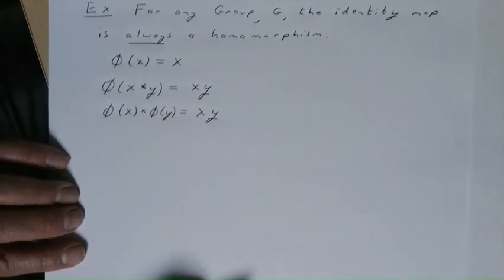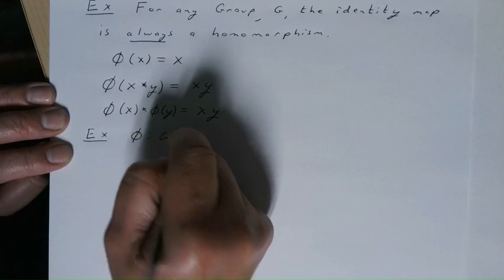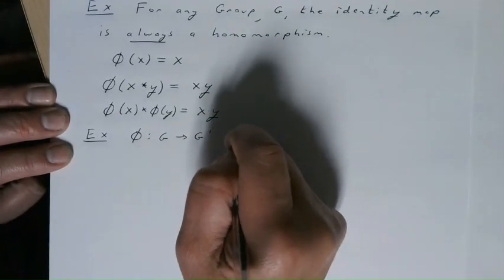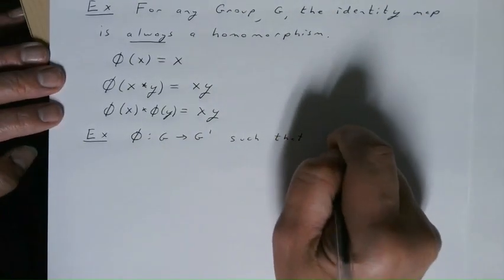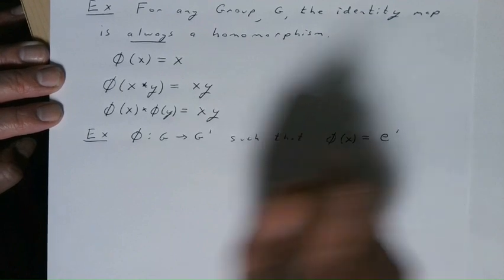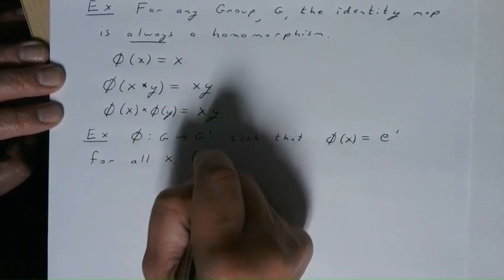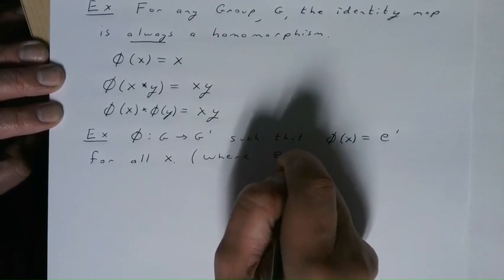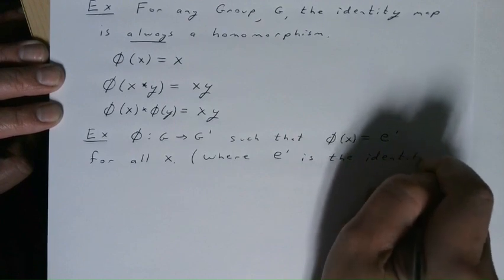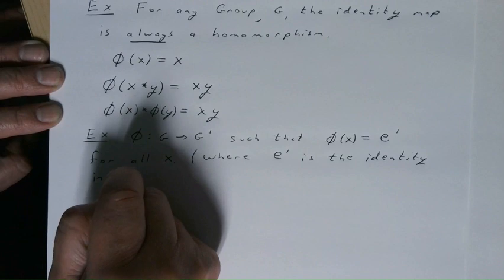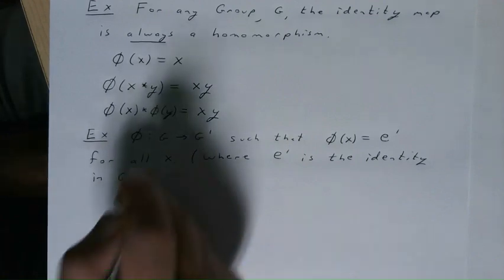And let's do another example here. Let's say we have phi going from a group G to a group G prime, such that phi of x is e prime for all x, and where e prime is the identity in G prime. And so the question is, is this a homomorphism?